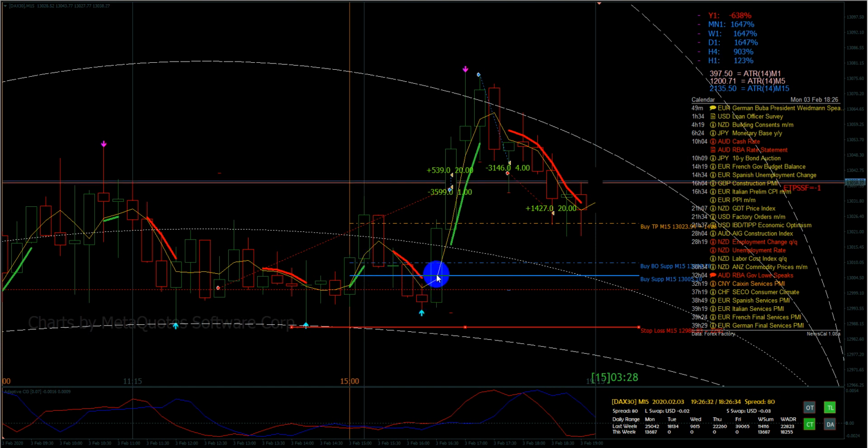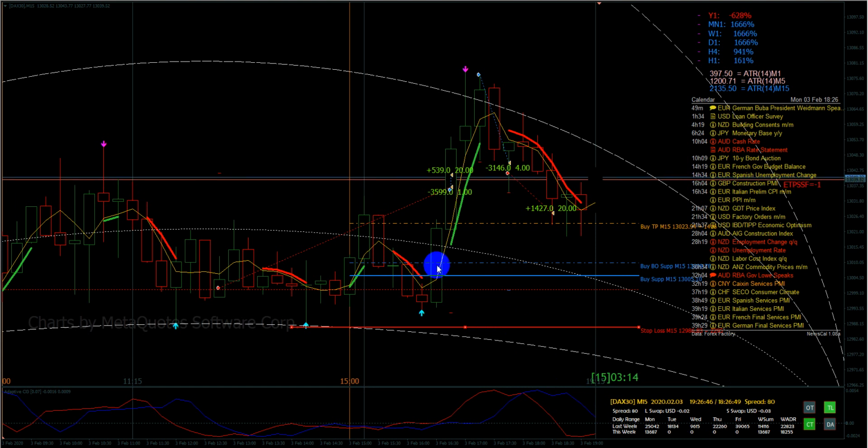But on the way back I could have had my mechanism waiting, my expert watching the price and then triggering the trade in this zone right here, and that would have been a quick trade right here for about 14 pips.